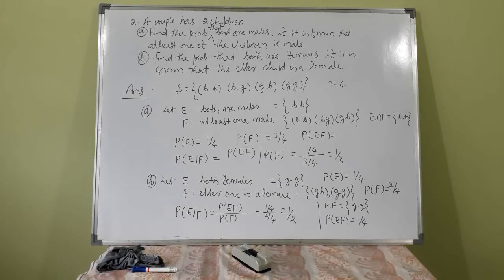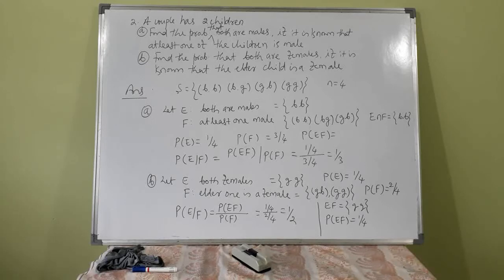So first write the sample space. What are the possible combinations of two children? That is BB, first boy second girl, first girl second boy, or both are girls. Okay, that is the combination.